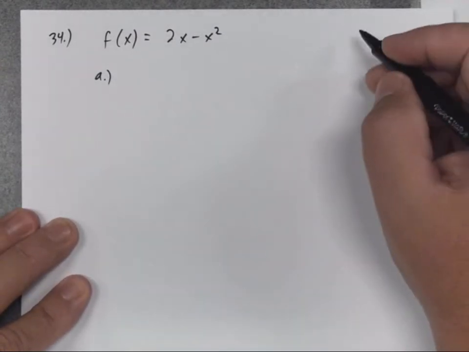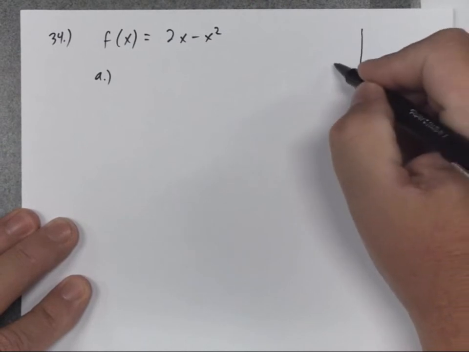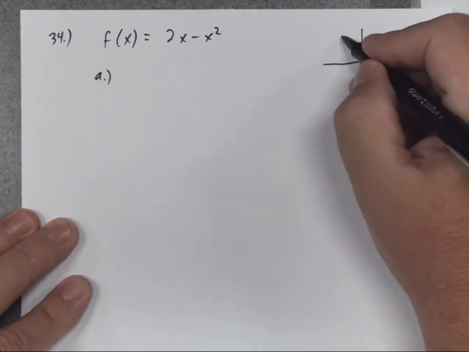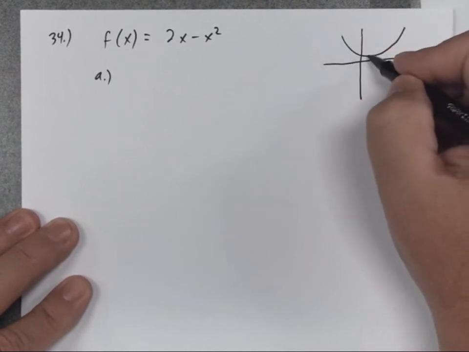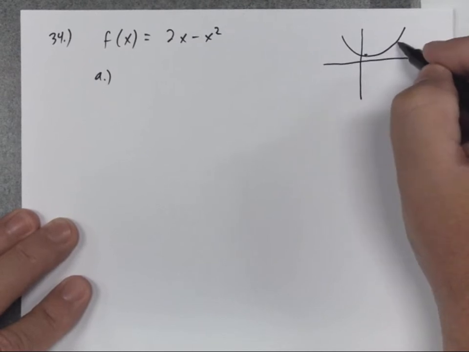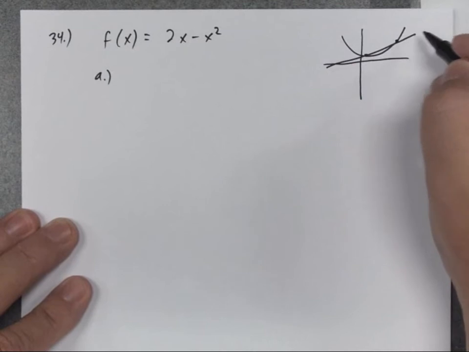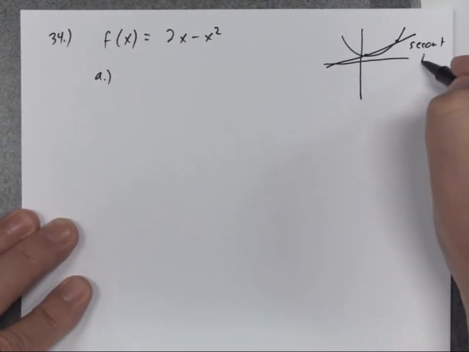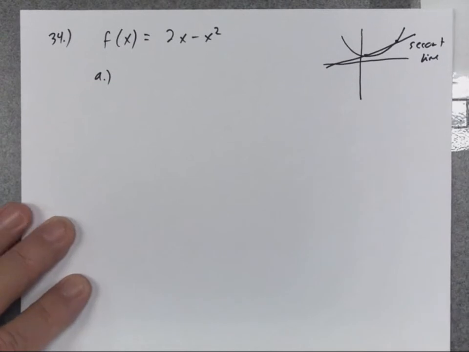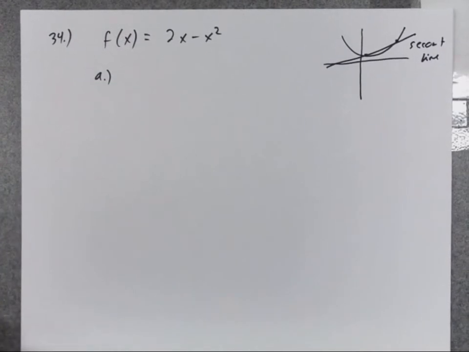Remember, a secant line is where you choose 2 points and you draw a line that connects those 2 points.